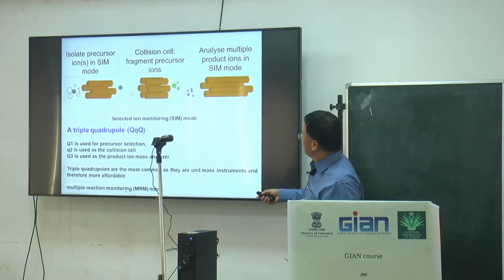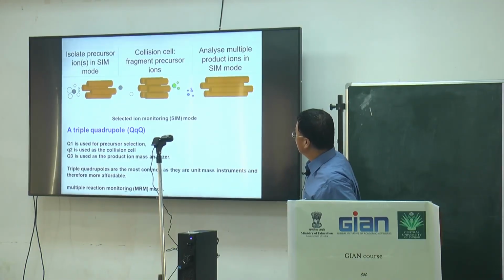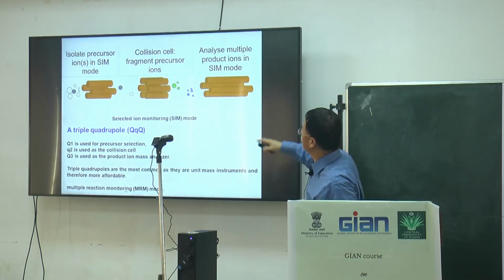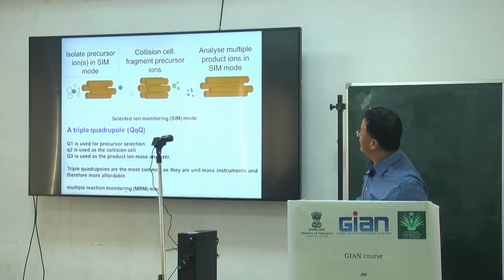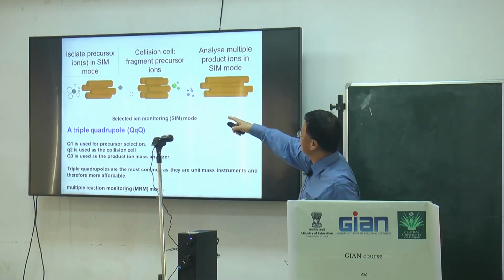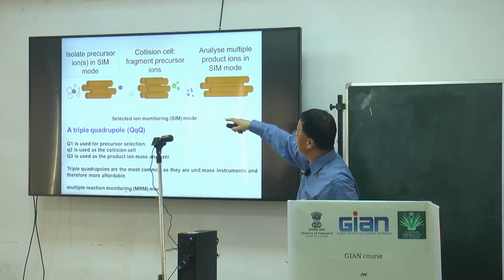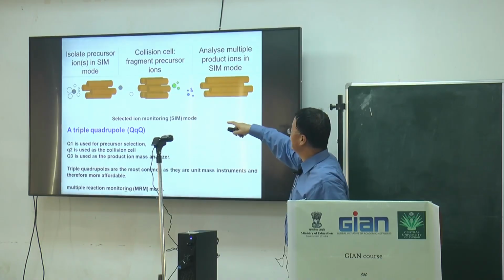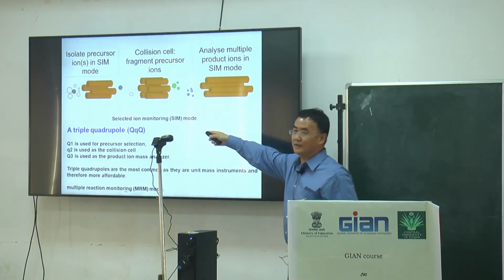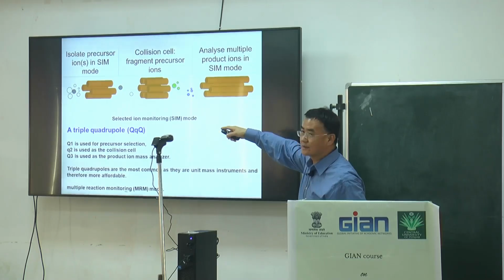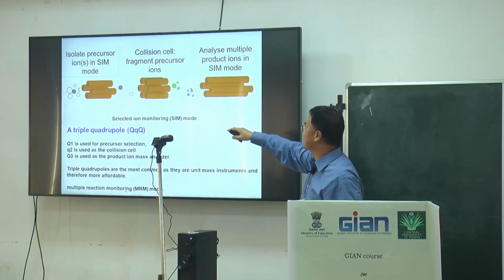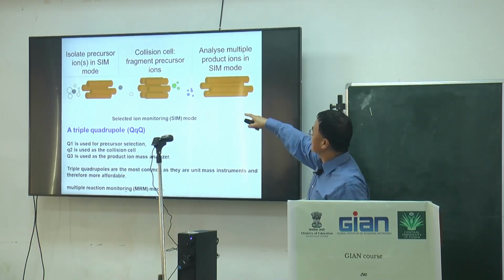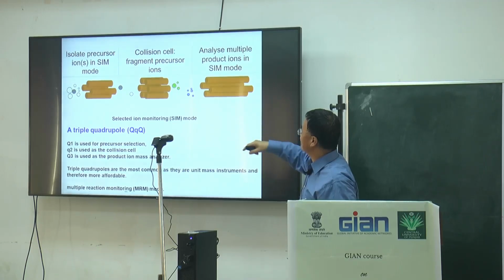This is like using the ion monitoring in the same mode, the triple quad. The first step is isolating the precursor ion in the selected ion monitoring mode. Then you can see the black, green, and circle molecules mixed together. But in the second, the collision cell, the precursor ion is fragmented.